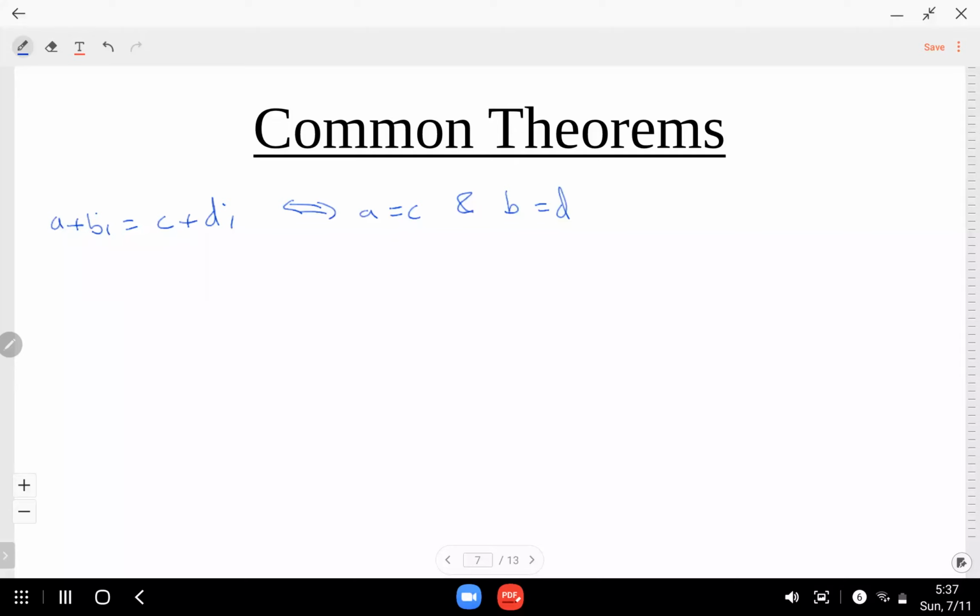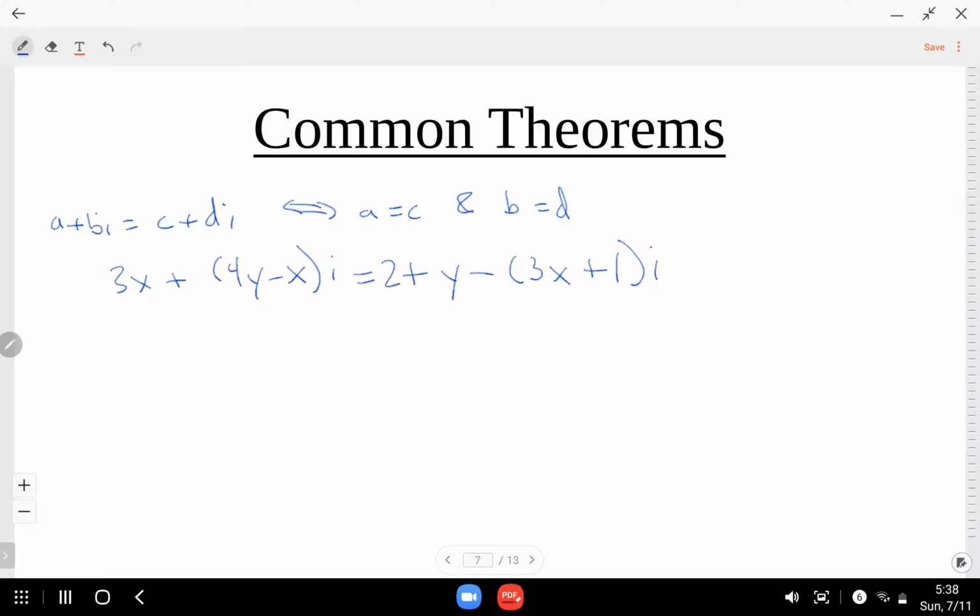What I'm going to ask you to solve will be something like 3x plus (4y minus x) times i equals 2 plus y plus (negative 3x plus 1) times i.